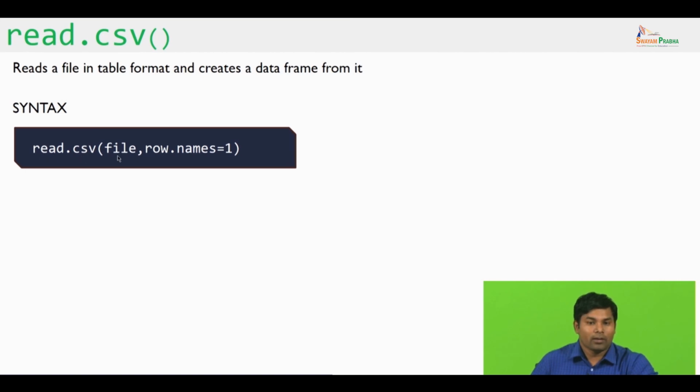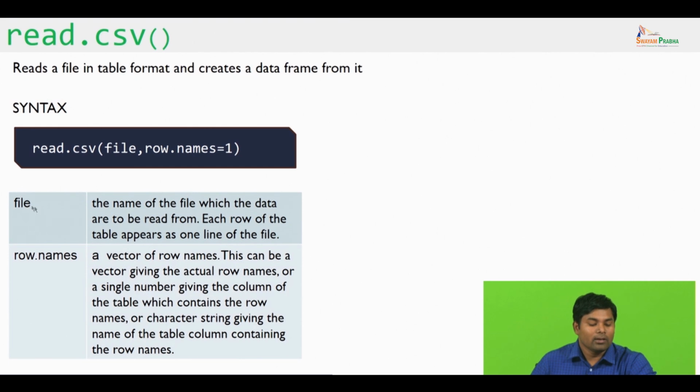Read.csv takes two arguments. The first argument is the file name and the second argument is the row names. We will see what these individual arguments are about. The file is the name of the file from which the data has to be read. Row names is a vector of row names. This can be a vector giving the actual row names, or a single number specifying which column of the table contains the row names.